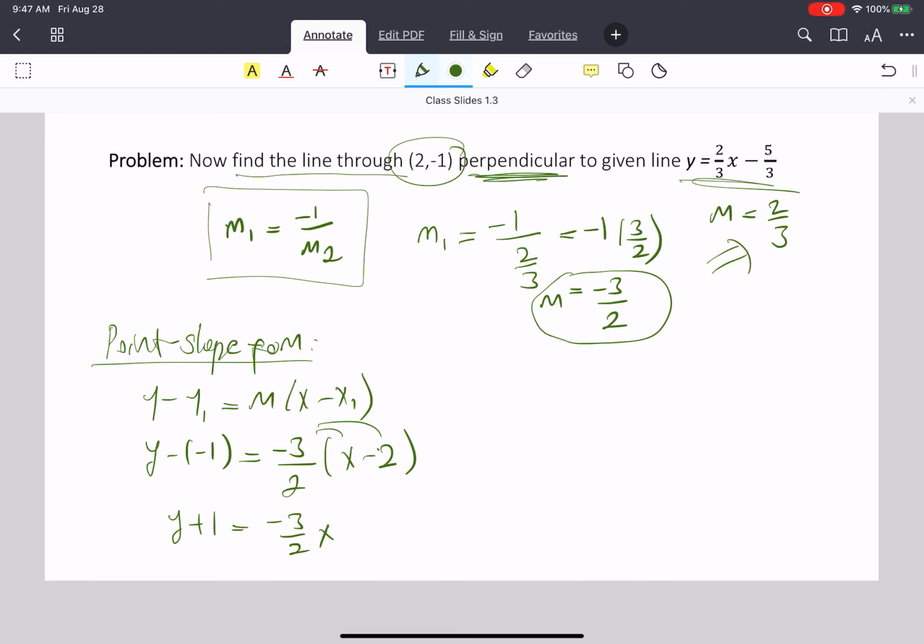Distribute: negative 3 over 2 times negative 2, the 2s cancel out, and you just get 3. Then I subtract 1 from both sides to isolate y, so y equals negative 3 over 2 x plus 3 minus 1, which results in 2. So this is the line that is perpendicular to the given line 2/3 x minus 5 over 3.